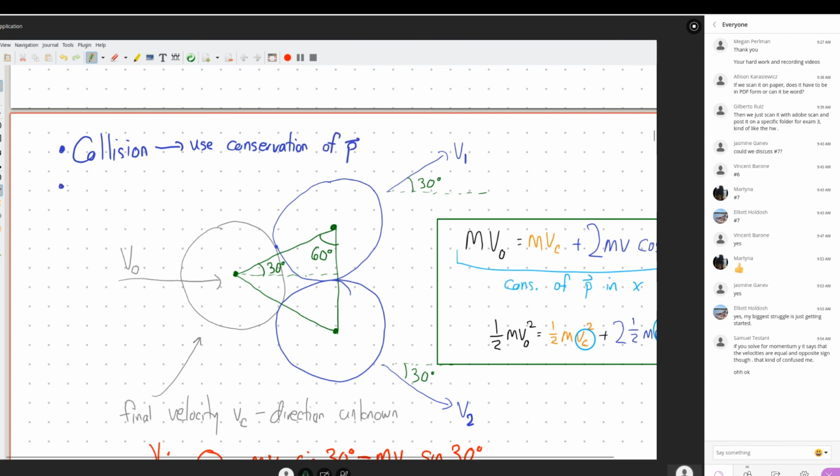And this is an elastic collision, which means kinetic energy is also conserved. So that's how you know how to get started here.